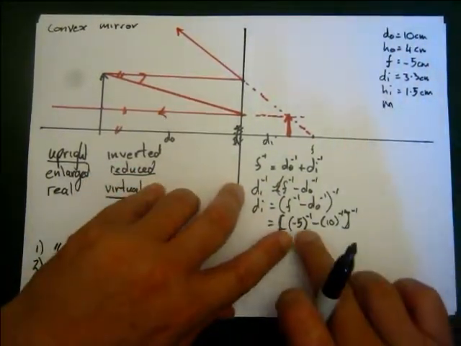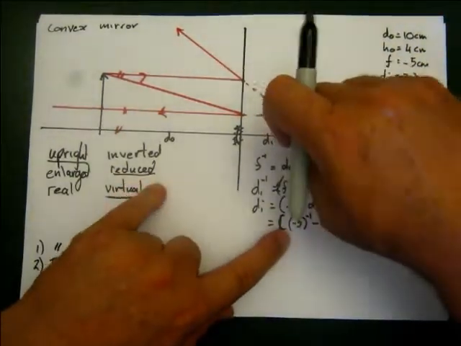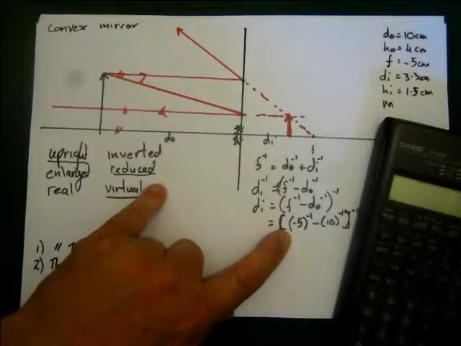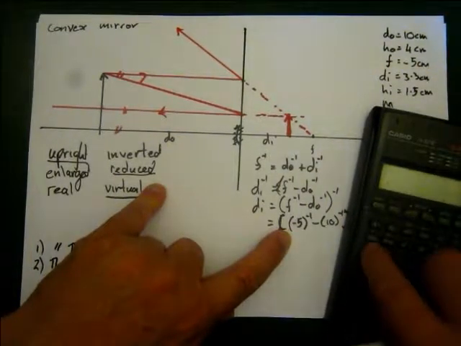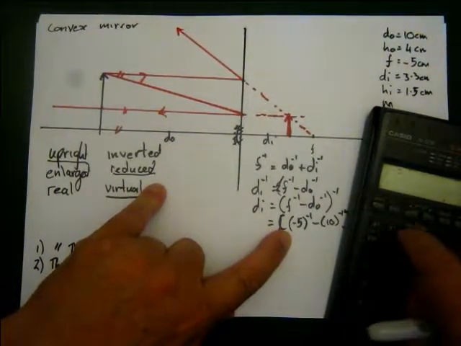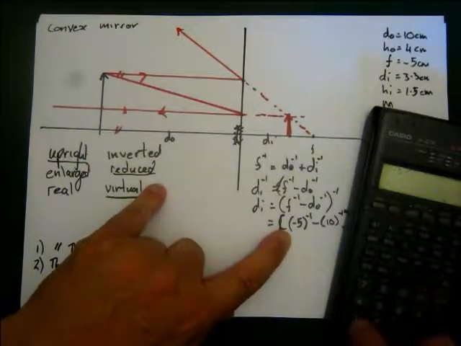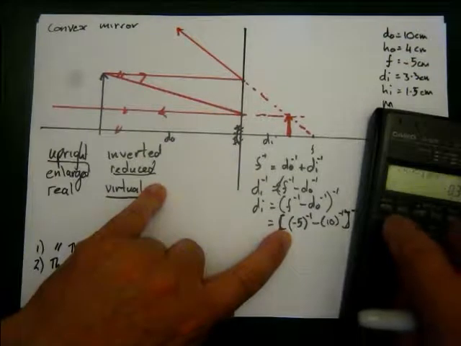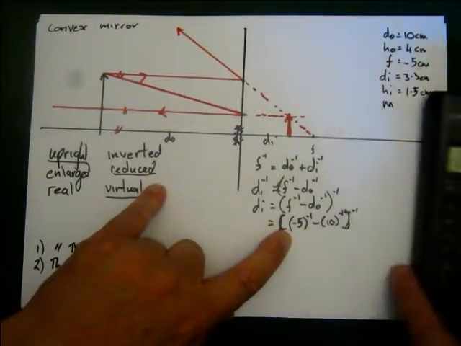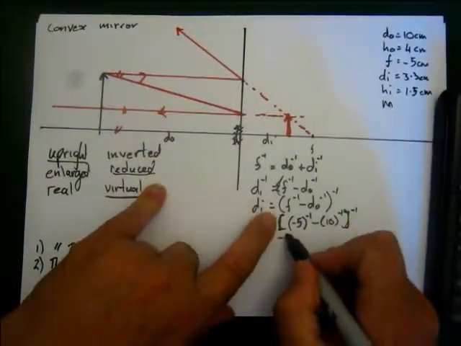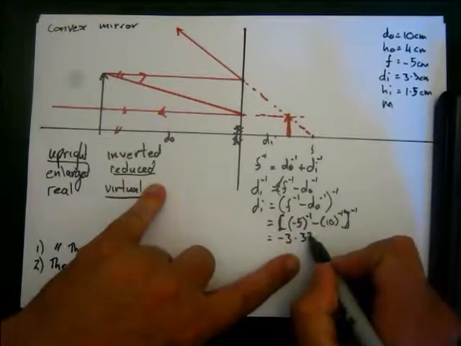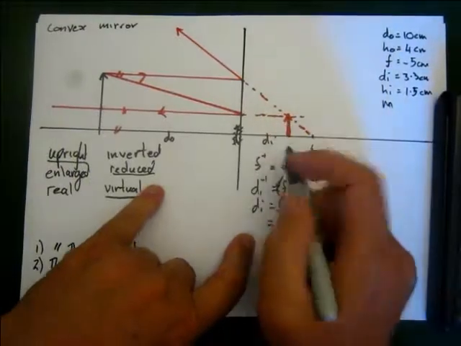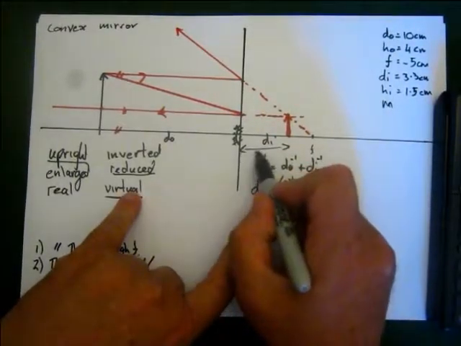The important thing here is that because the focal point is on this side, this is a negative number, so we must put a negative number in there. We just stick it in the calculator: -5 to the -1, minus 10 inverse, equals, take the inverse of that, equals -3.333 centimetres. Basically, the negative says that the image is going to be on this side.